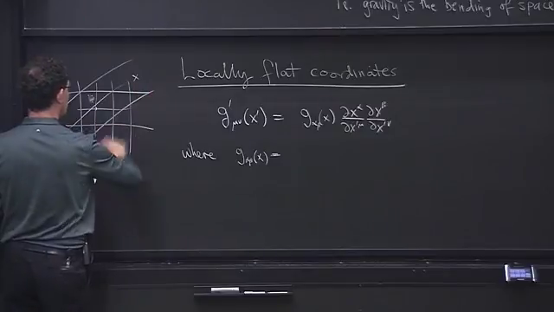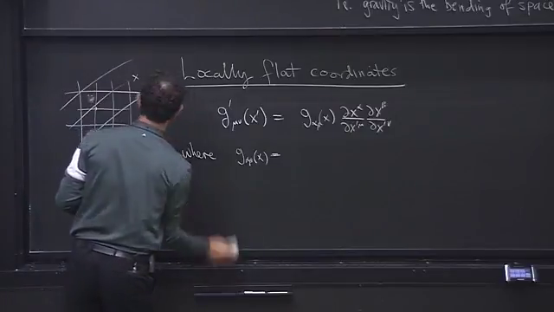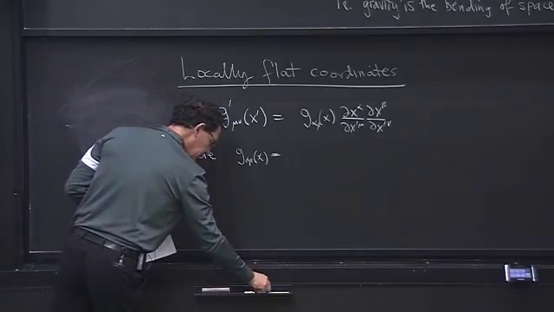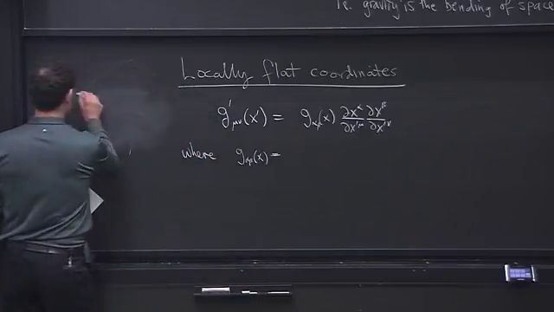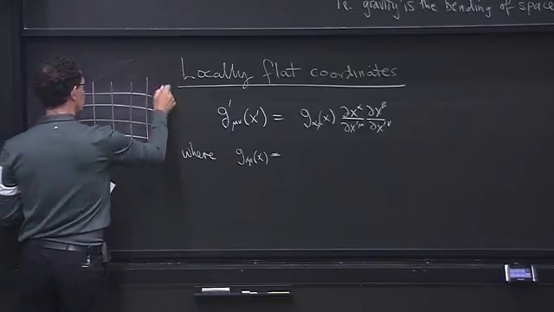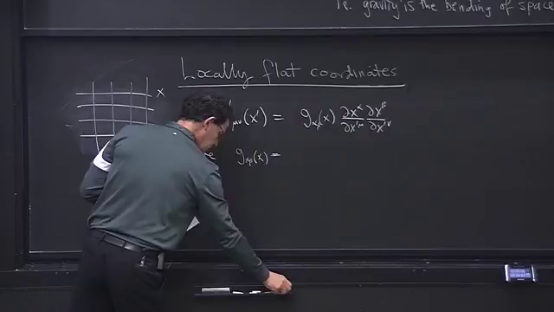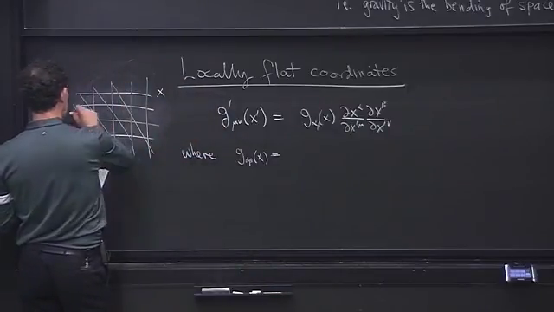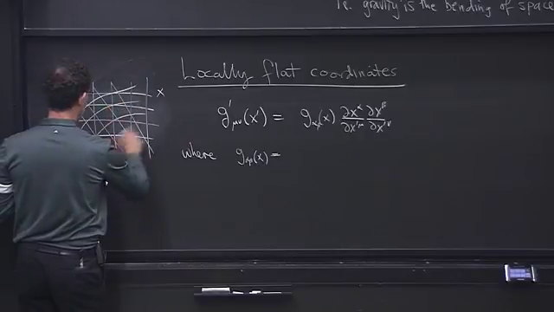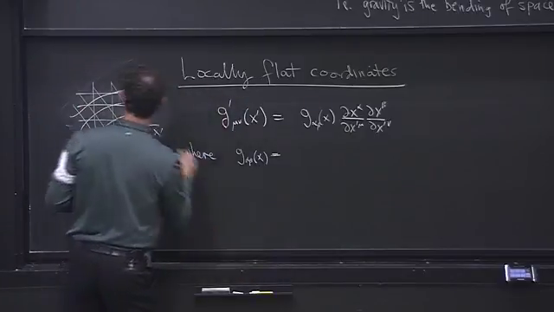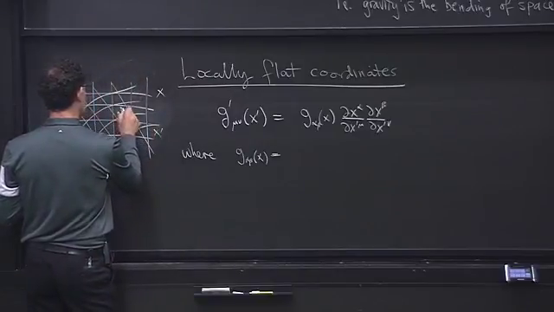This is the x prime coordinate system. Every point is labeled by x or x prime. They can bend with respect to each other. They can do anything.